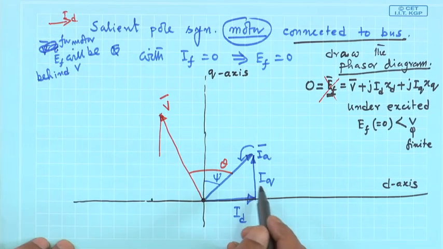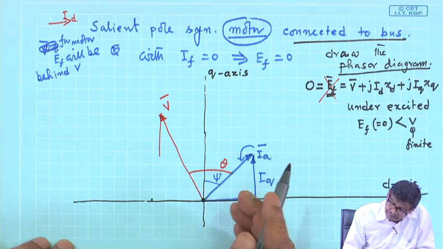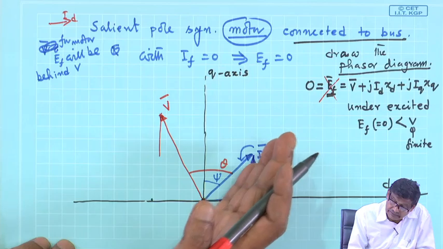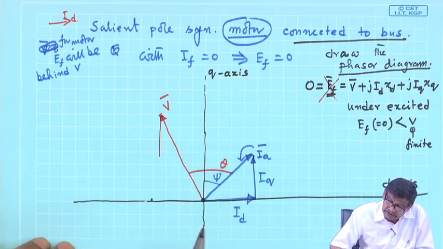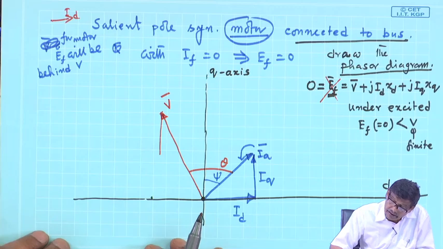So, this is the q axis, this is Ef, this is armature current here, under excited.